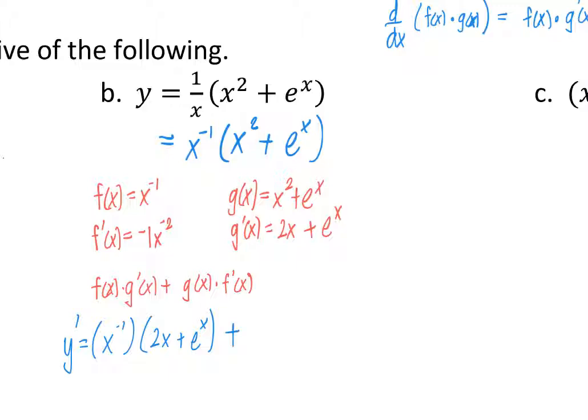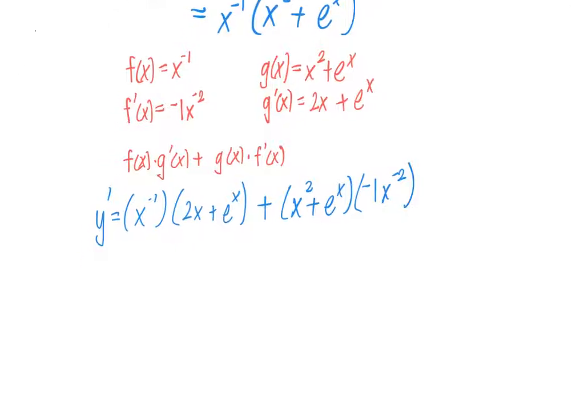Okay, the second function is x squared plus e to the x. You're literally copying and pasting what the original was. And the derivative of the first is negative 1 x to the negative 2.